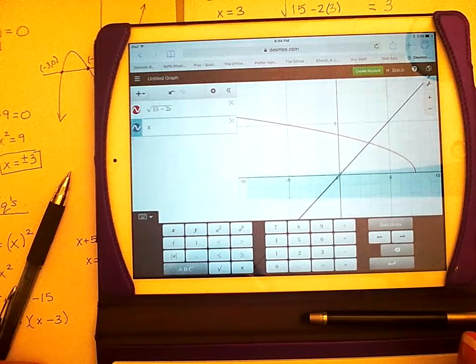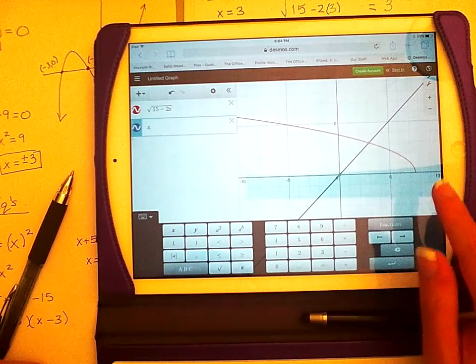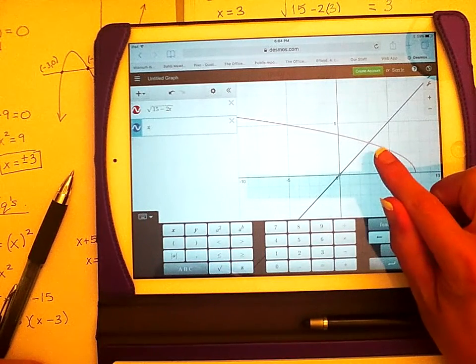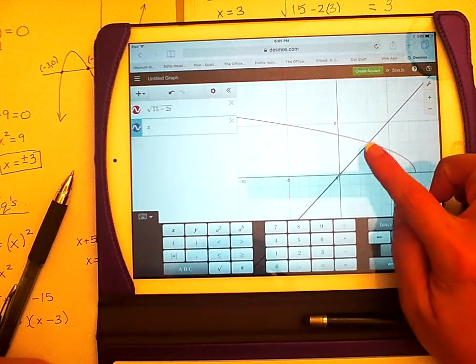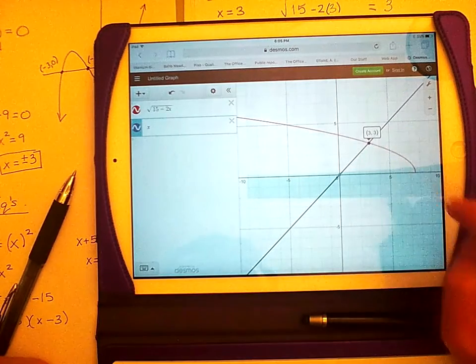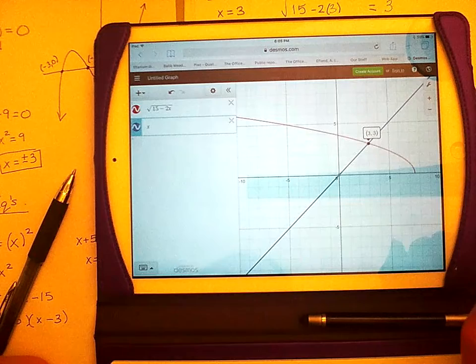And what I'm looking for now, when I graph the two sides of the equation, is the intersection points. We can see an intersection point happening here, and that point is at 3, 3. The x value is 3.